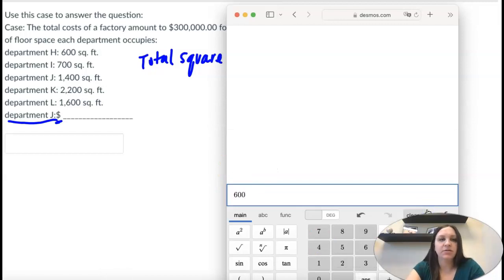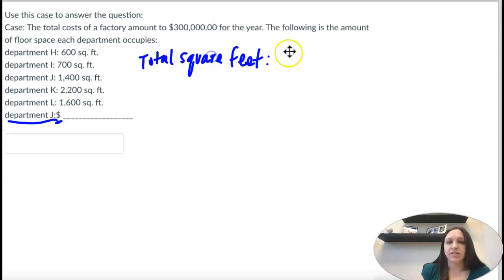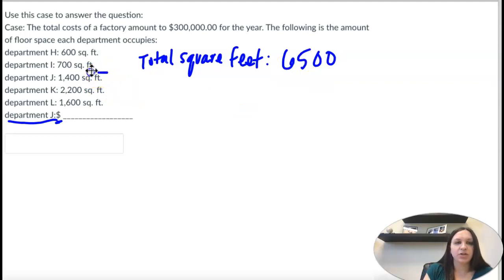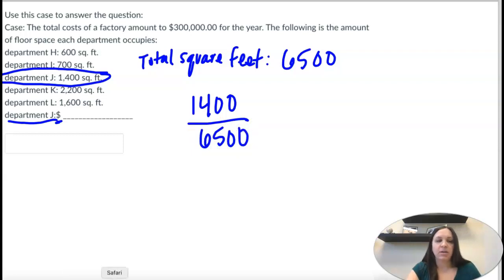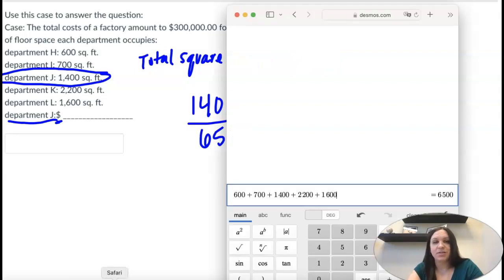So 600 for Department H, 700, 1400, 2200, 1600. Our total square feet is 6,500, and we're just going to focus on Department J. Department J takes 1,400 square feet out of 6,500, and that's going to give us a percentage or a decimal.